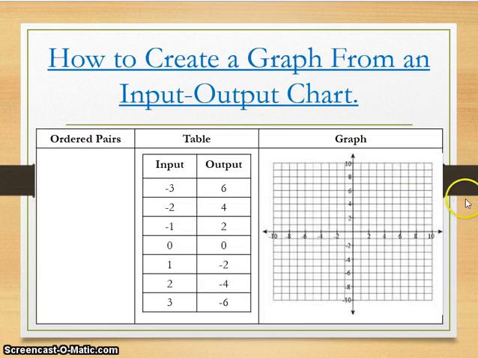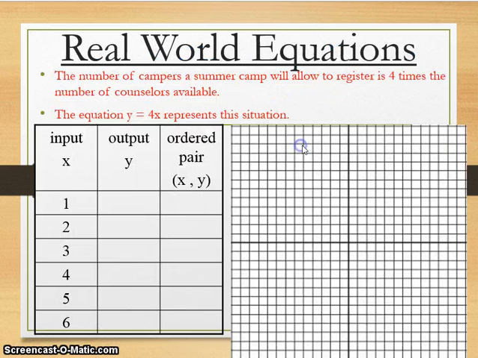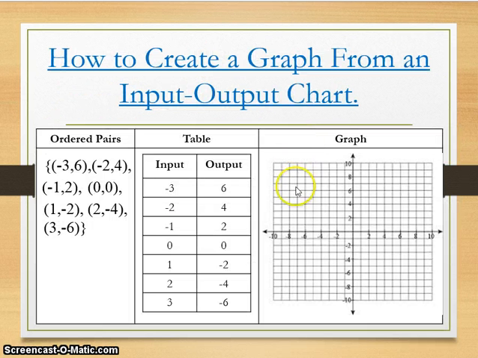So, for example, let's look at that same table that we looked at earlier when we were talking about the Unit 5 Lesson 3 video. If we create those ordered pairs just like we did earlier, we can then graph them on the coordinate plane.